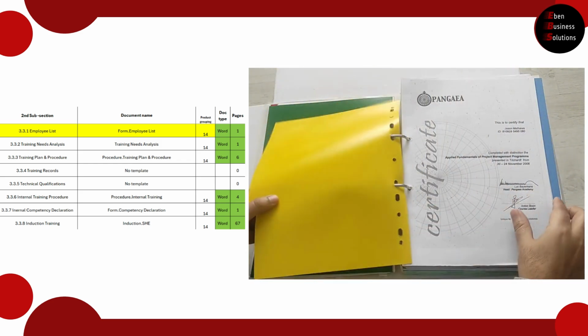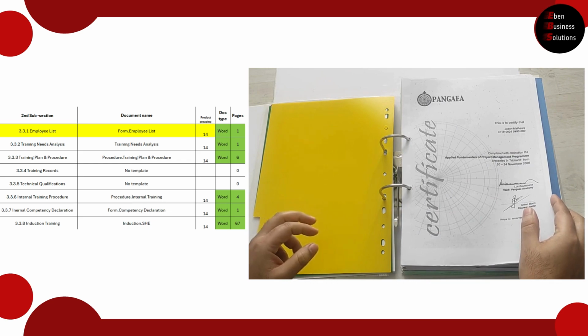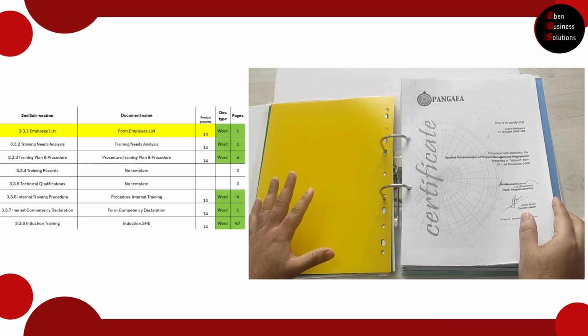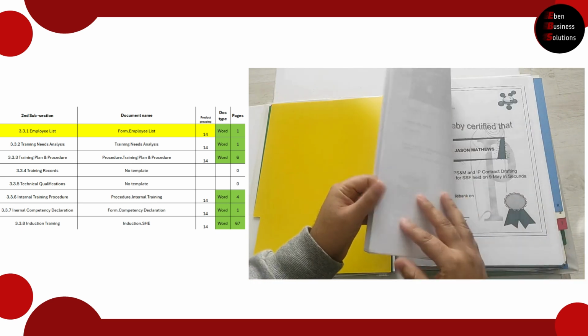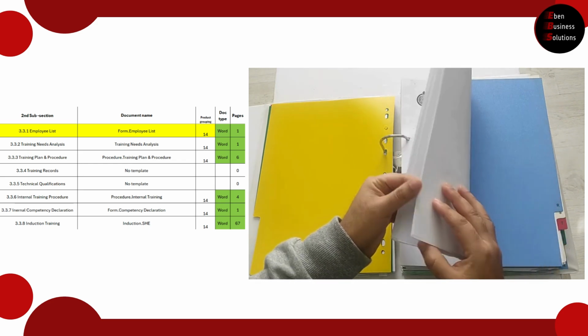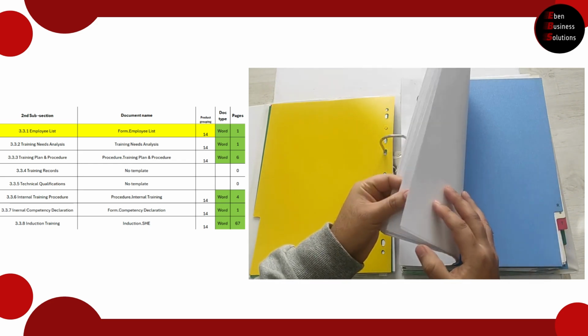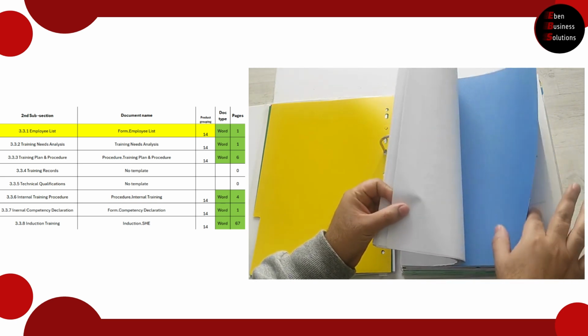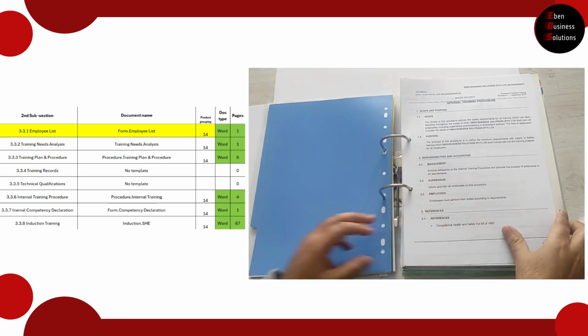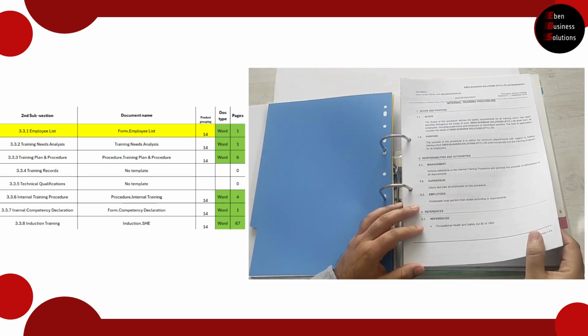Then the next section is the training records. Wherever there's training records, that can be stored, and then technical qualifications of the employees to make sure that you have all of that available if audited. Then section 3.36, internal training procedure.